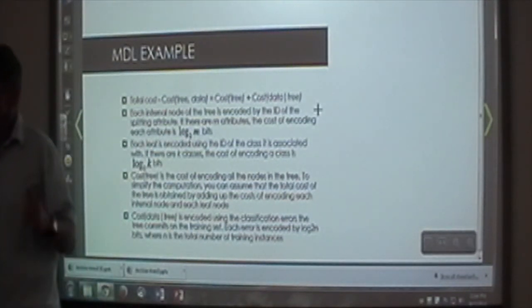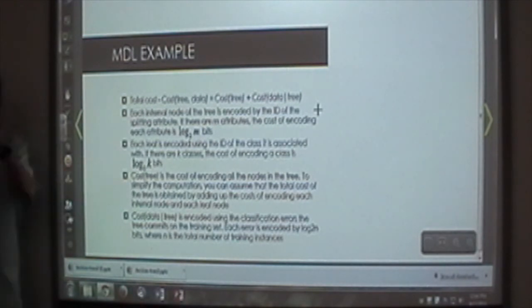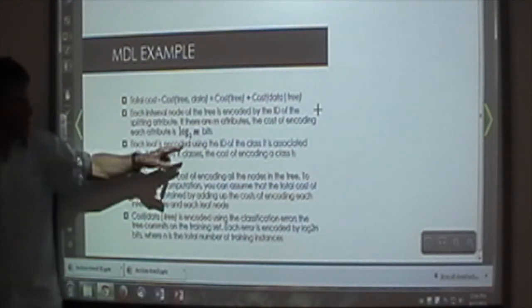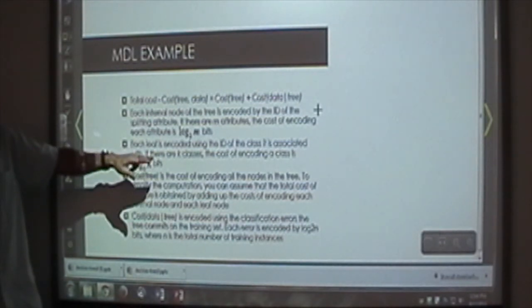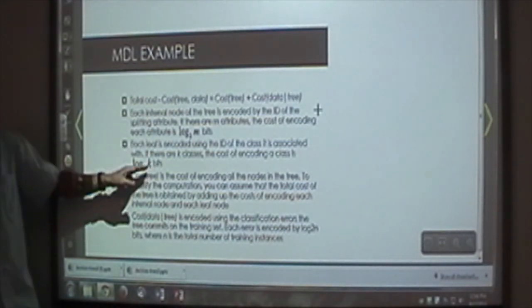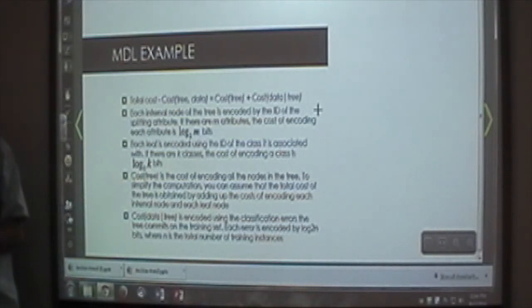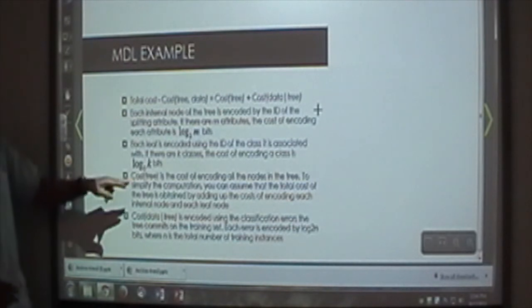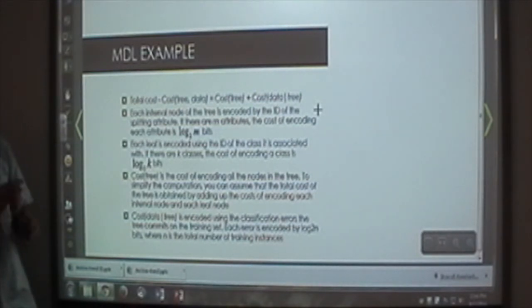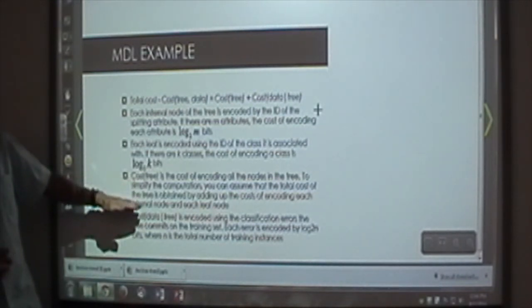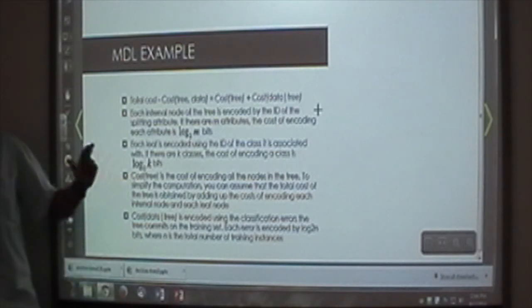Similarly, leaves at the end are encoded using the ID of the class it is associated with, and if there are k classes, the cost of encoding a class is log base 2 of k. The cost of the entire tree is the cost of encoding all the nodes in the tree. To simplify, you can assume the total cost is adding up the cost of encoding each internal node and each leaf node.